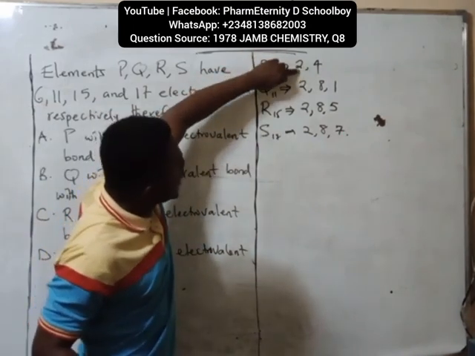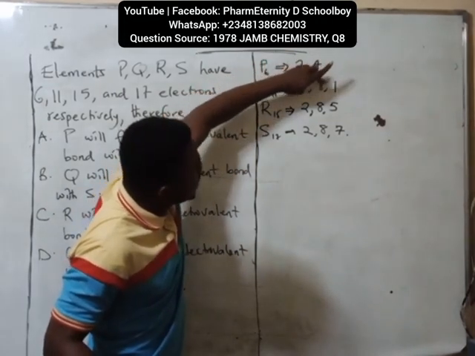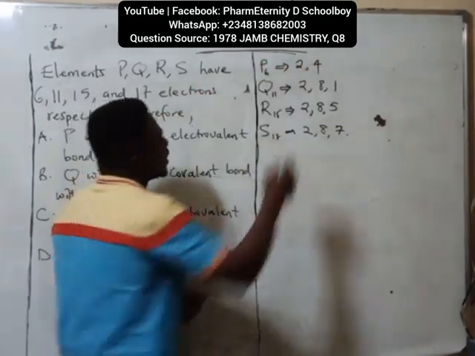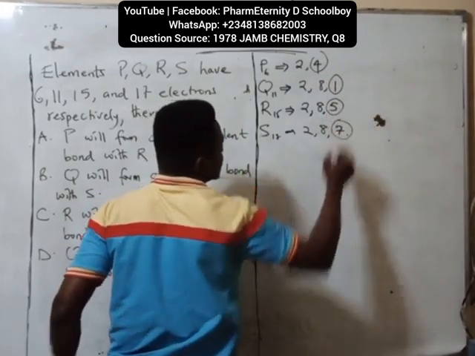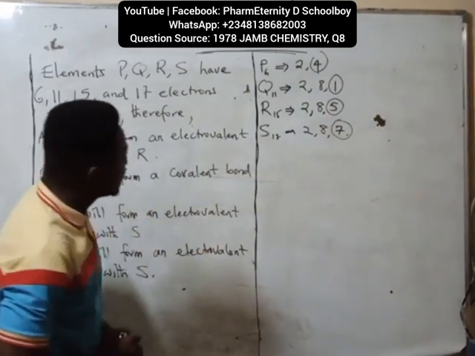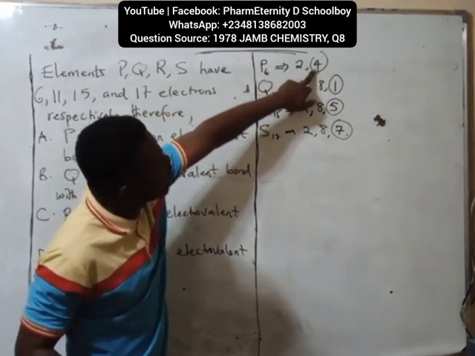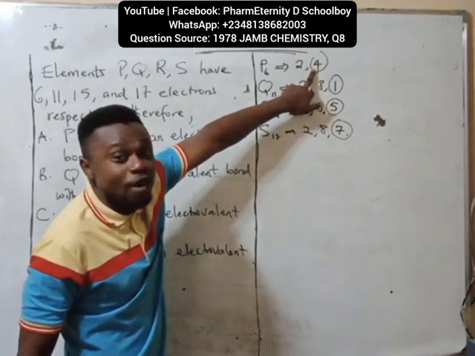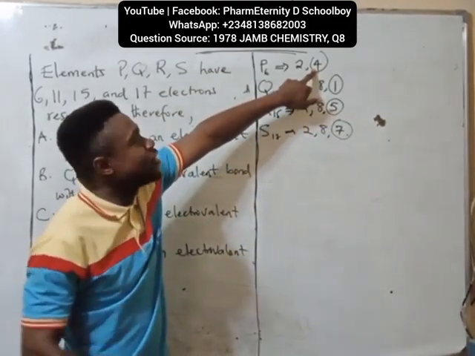This is the first shell, second shell. The outermost shell is this. Now, if you check, P has 4 in its outermost shell. There's no way this can transfer 4 electrons to another atom.